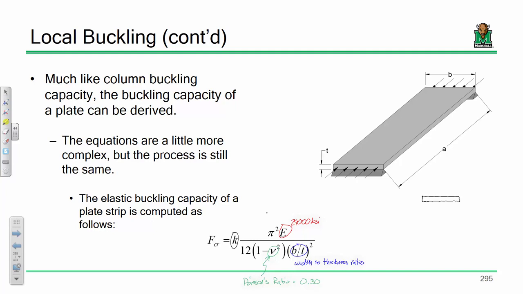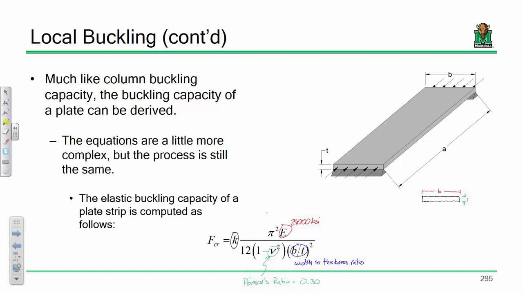So for instance, this is B and this is T right here. Okay, so I'm looking at the plate this way. And so when we perform this buckling analysis, what we do is we start changing what's going on at the side.